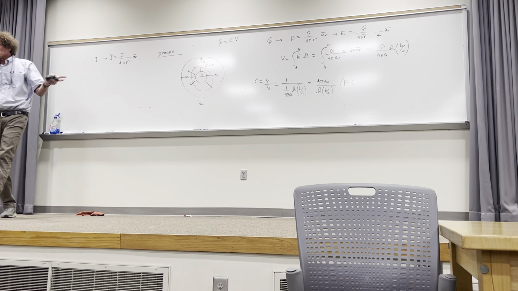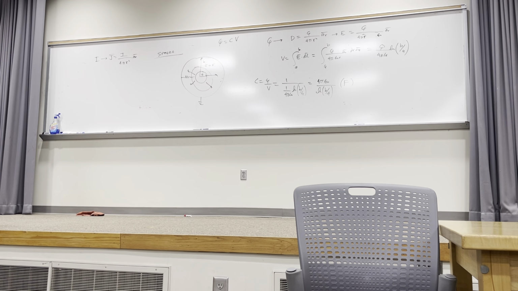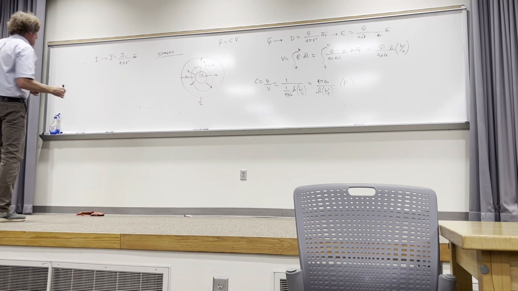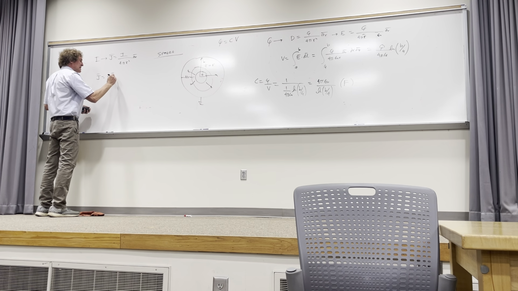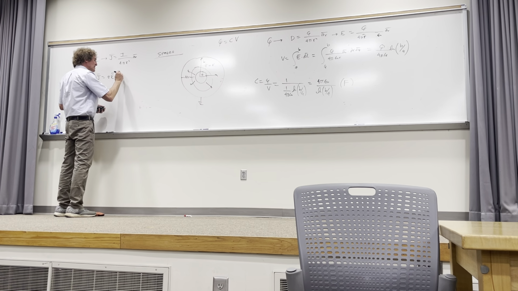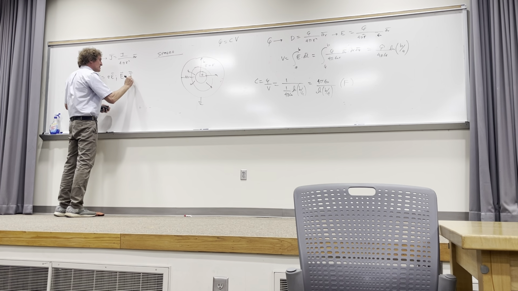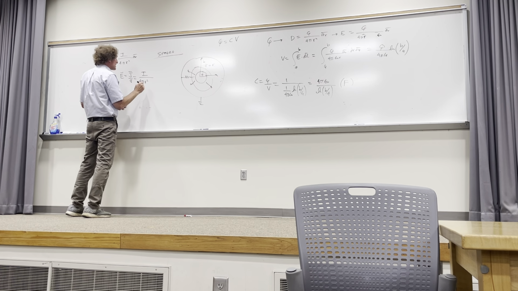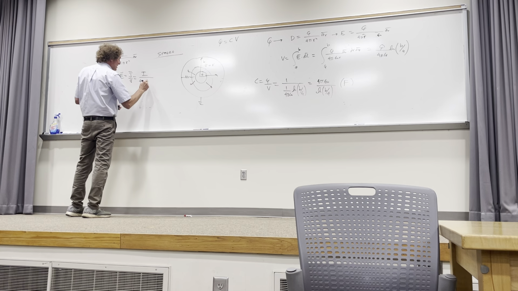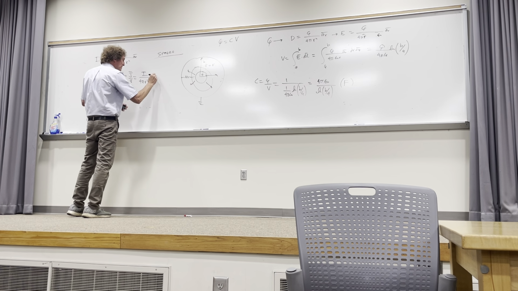This is very similar, almost identical. Instead of Q, we have I. Instead of D, we have J. Now, what's my next step? I know that J is sigma E, and I need E. So E is J divided by sigma, and looky there, I get I over 4 pi r squared divided by sigma, and I made sigma r, so it's times r.